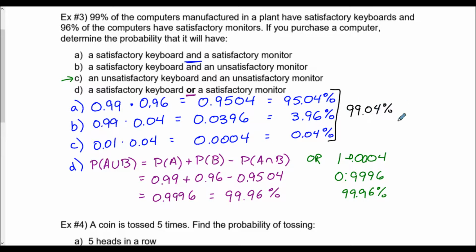Obviously, we know that answer should be 0.96%, but we could calculate it out. The keyboard being unsatisfactory would be 0.01. You multiply it by having a good enough monitor, 0.96. It would be 0.0096. So all of these things together add up to 100%.